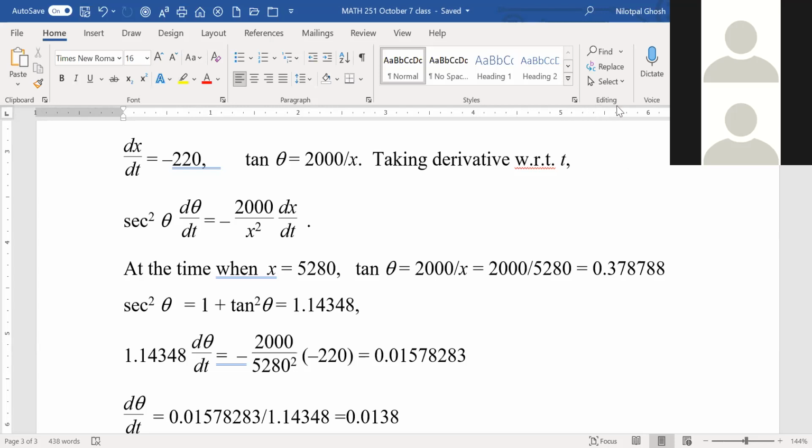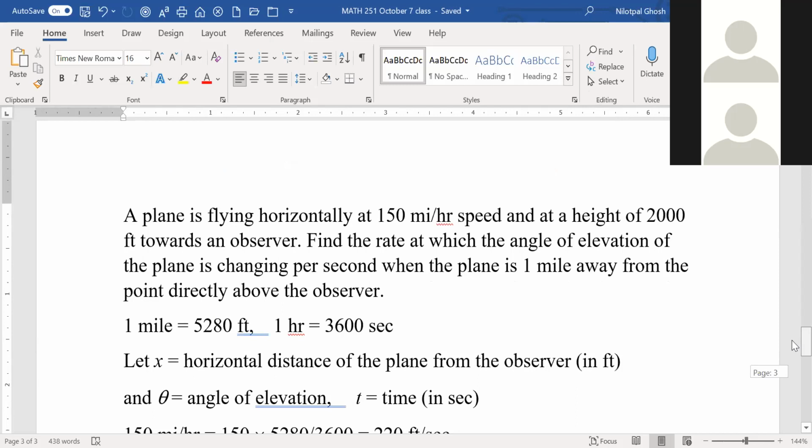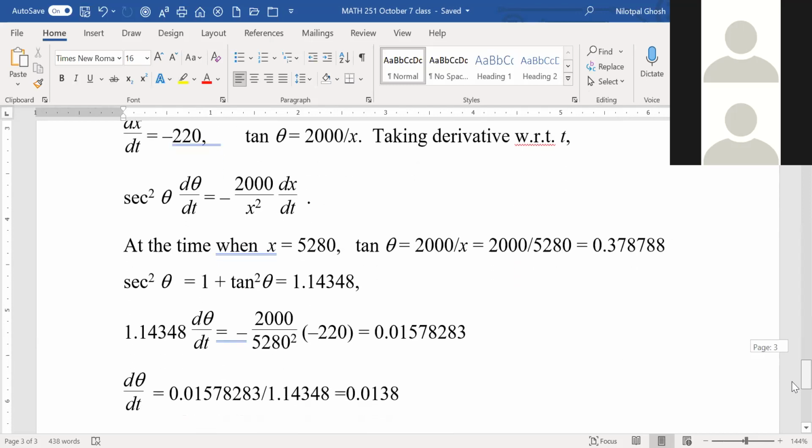and unfortunately, that's not what we want. Are we getting that number? Yeah, because the angular elevation is changing at the rate of per second. Our time is in seconds, so we converted everything in seconds. So that is our answer.